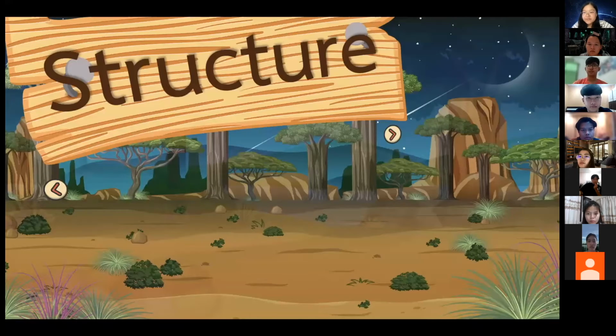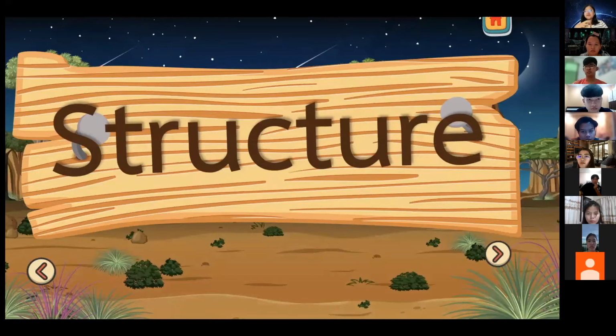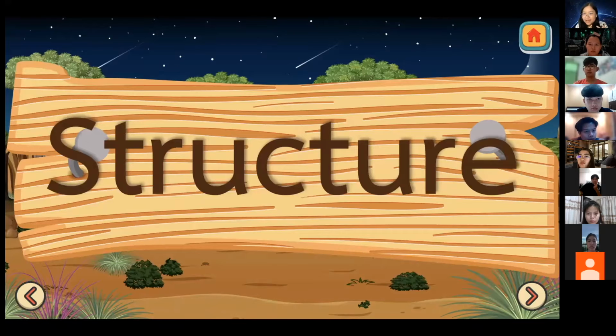Let's move to the structure. I will ask you something. When you talk about advice, what is the modal verb you can use? I want to hear from Tang Tai. Should. Yes, great.